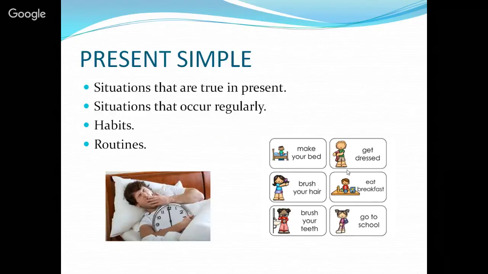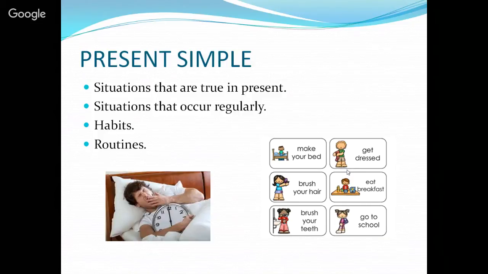So let's begin with the first tense. It's present simple. In present simple, we have different situations that can be true in the present, and often they are situations that occur regularly, like habits and routines.